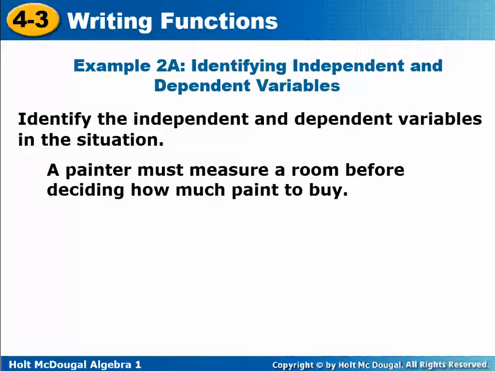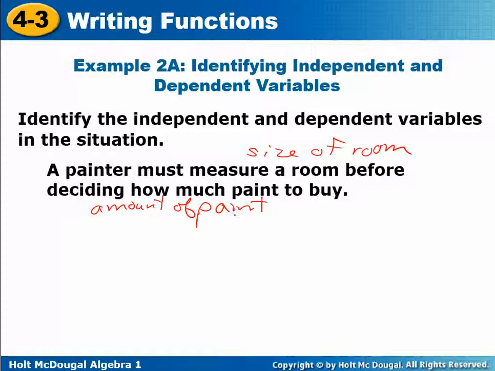All right, let's look at this. A painter must measure a room before deciding how much paint to buy. So we have two different variables here. We have size of room, measure a room, and we have amount of paint. Those are our two variables. Which one depends on which? Does the size of the room depend on how much paint you buy?